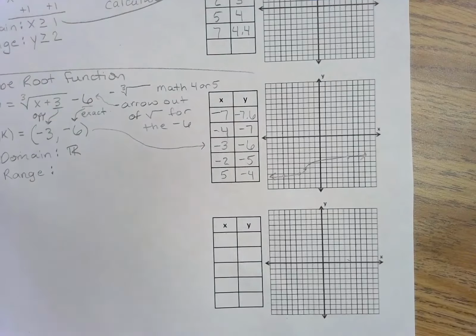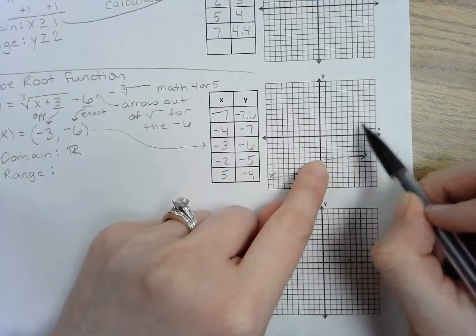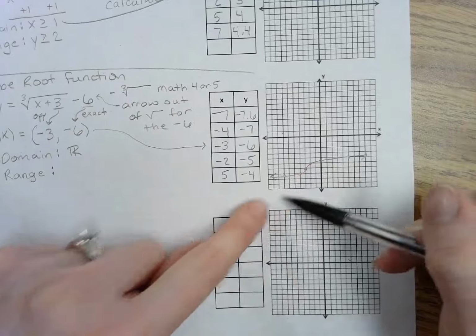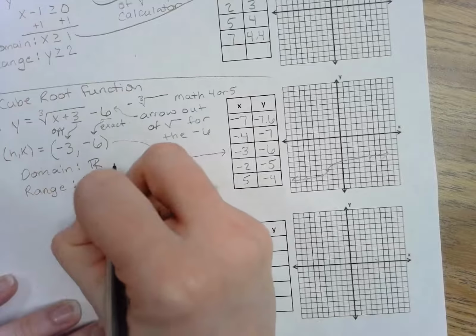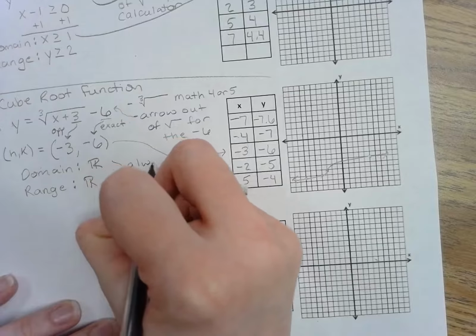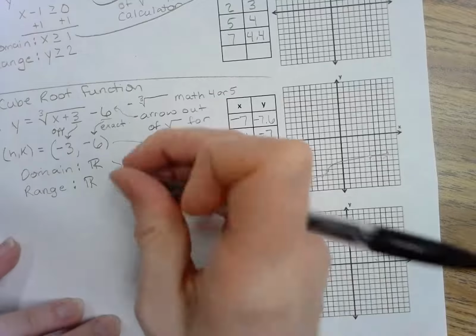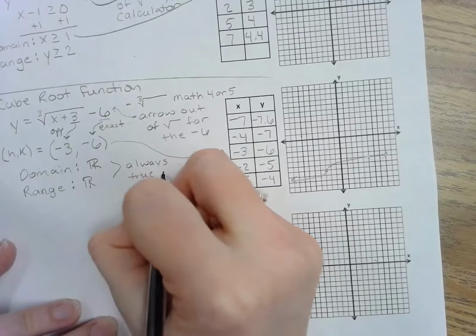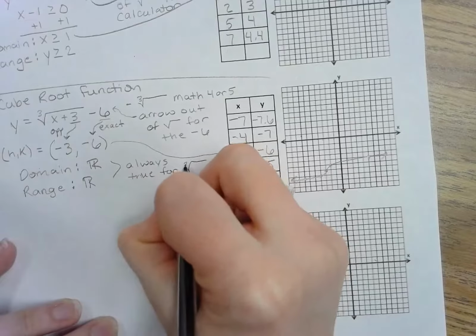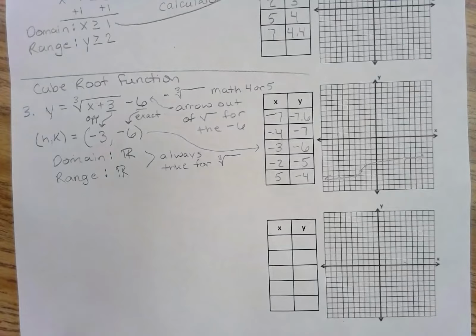So I know it's a slow process, but eventually it will reach every single y value possible and every single y value this way possible. So again, this is all real numbers, and that's always true. Always true for cube root functions. So domain and range will always be all real numbers.